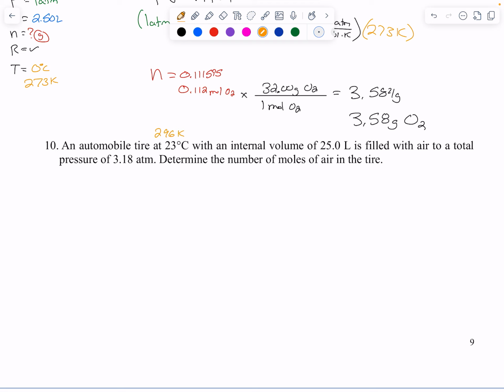Okay. So I have a pressure there. I have a volume. And I have a temperature. I think this is a PV equals nRT.